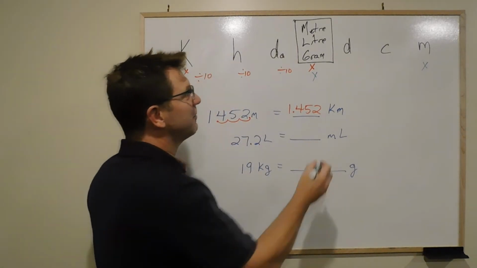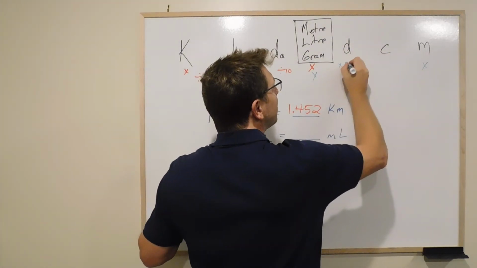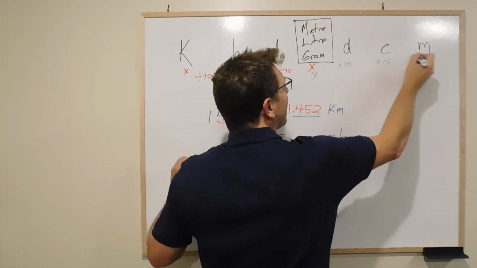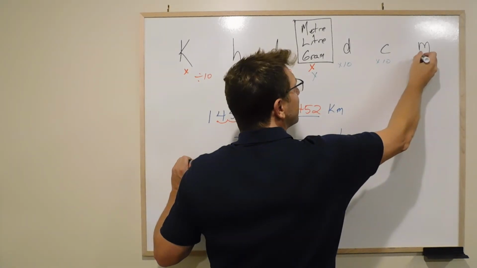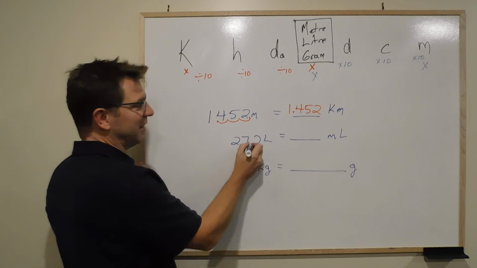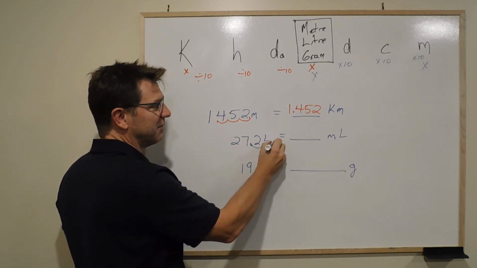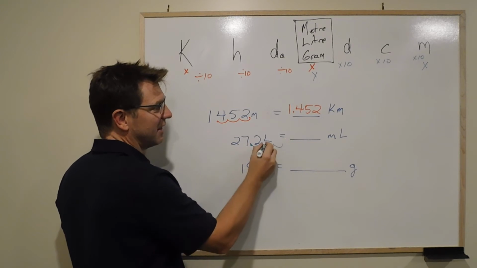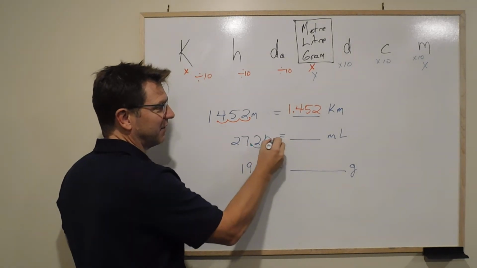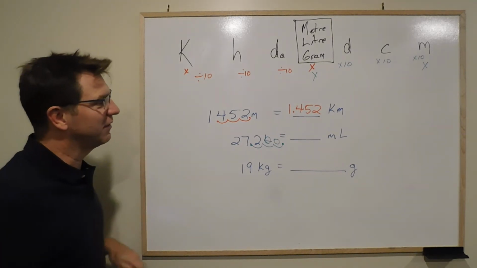So now since I'm going smaller, since I'm moving to the right, it has to be times 10, times 10, and times 10. So if I take my decimal where it is, I go times 10, times 10, times 10, and notice I'd have to actually fill in 2 zeros because my decimal's way down here.